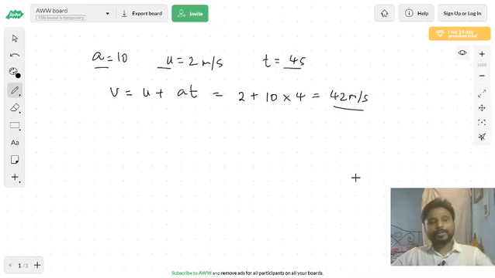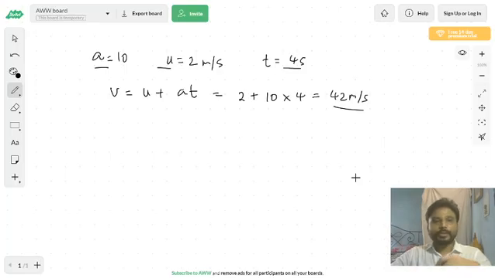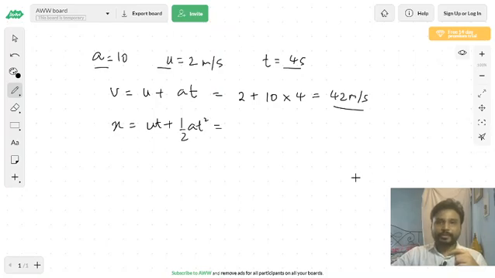In the same way, we are asked what the displacement of the particle is after 4 seconds. So x is equal to ut plus half at square. The initial velocity is u, we put the initial velocity as 2, time 4 seconds, half of acceleration 10 into 4 square.